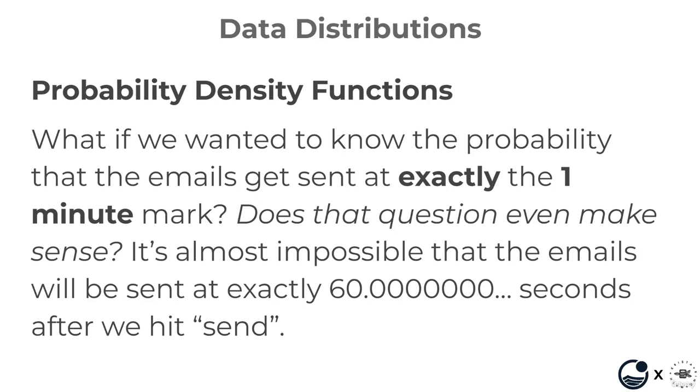It's probably almost impossible that using this third-party provider, the email I sent is going to be sent at exactly 60.0000 seconds, etc. And the reason for that is because we're now dealing with a continuous feature or a continuous random variable. Because now we're dealing with time instead of the separate discrete employees, I now have a continuous random variable.